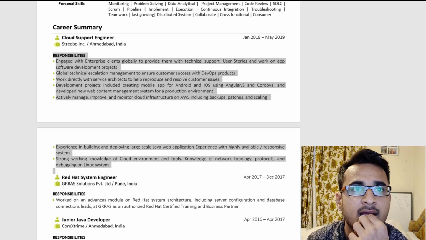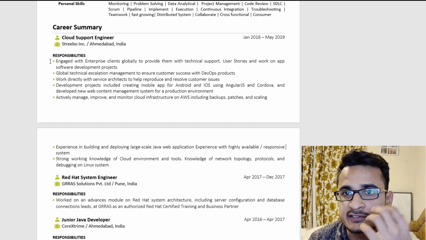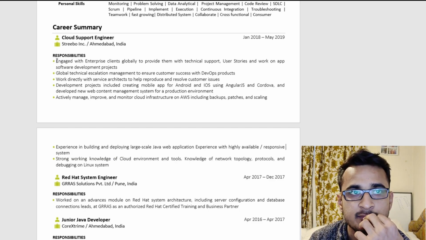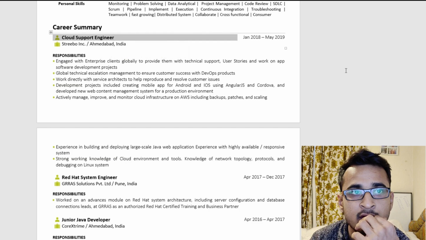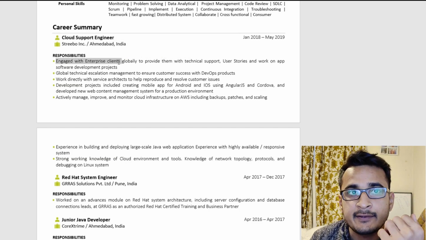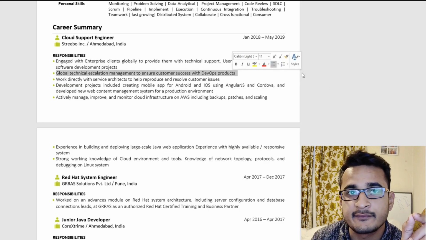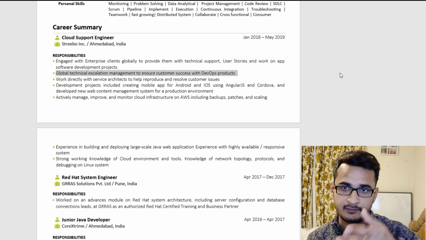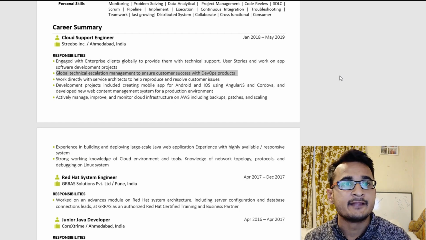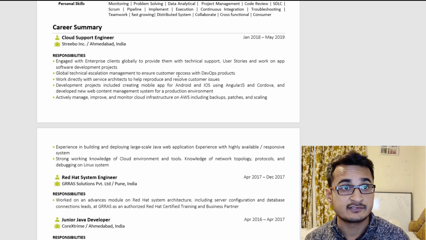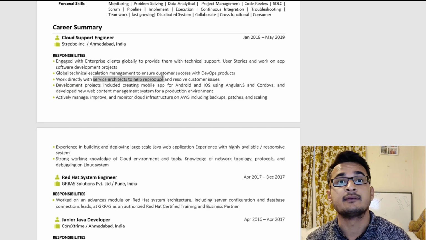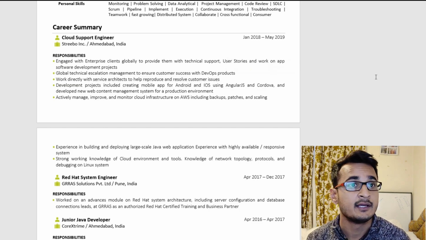As you can see, I was working as a cloud support engineer, so I needed to engage with the client. This line defines that. Then these are different products that I worked with for different clients. I also have service architecture work, which I define over here.